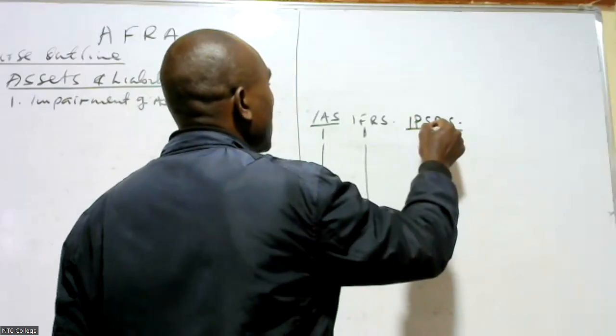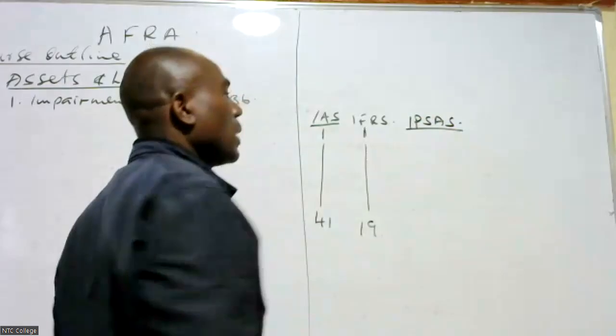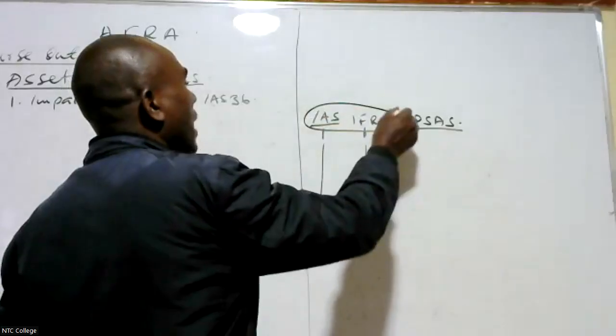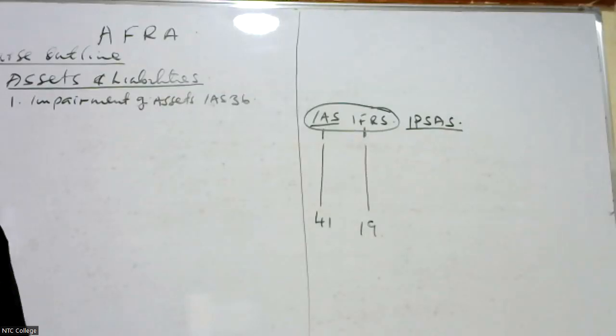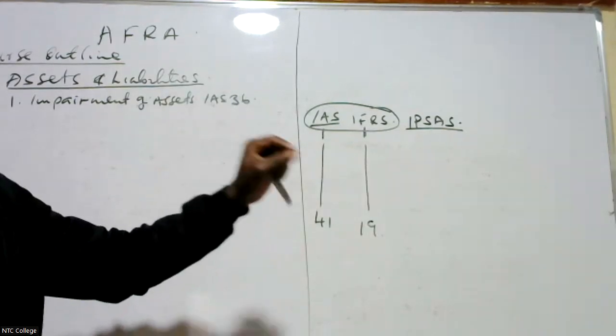IPSAS is what we call International Public Sector Accounting Standard. Now, IAS and IFRS are used by private entities like NTC, for example. If we want to account for our books, we use IAS or IFRS. But IPSAS is used by public institutions.